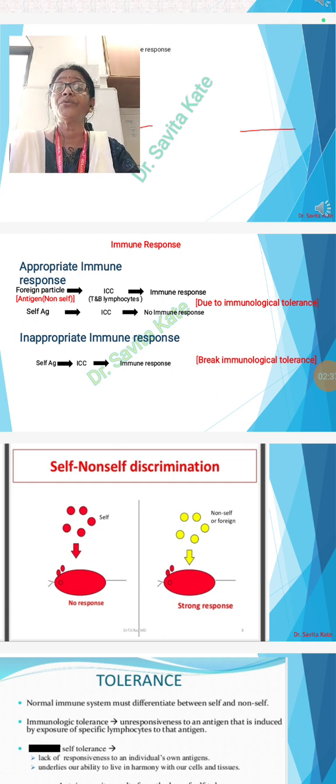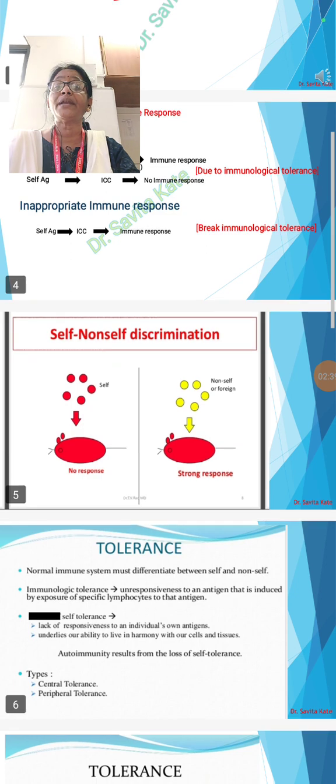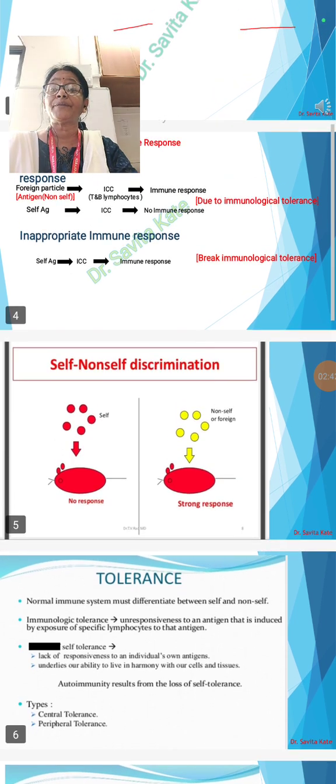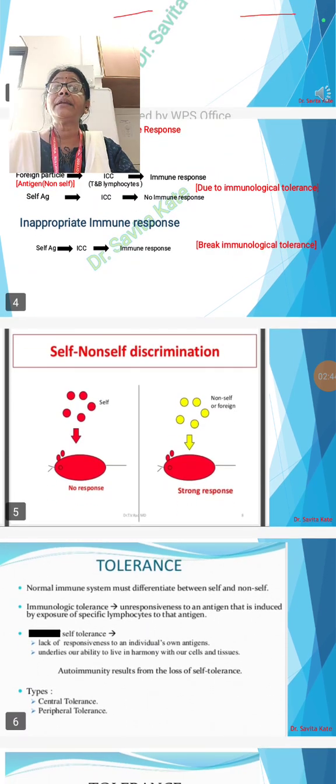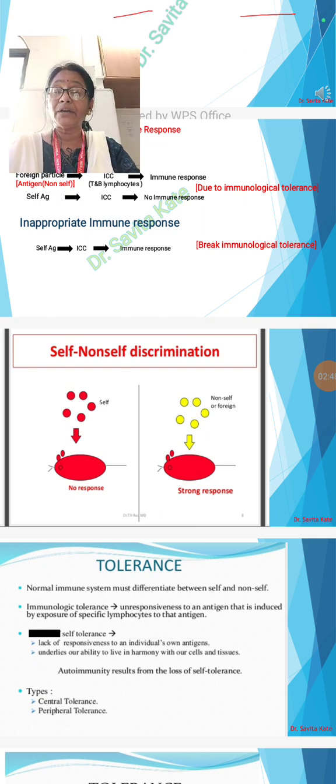Now from today we have to discuss the inappropriate immune response. Inappropriate means not the natural one, not the normal one. It is the abnormal, defective reaction of the host against the self antigen.